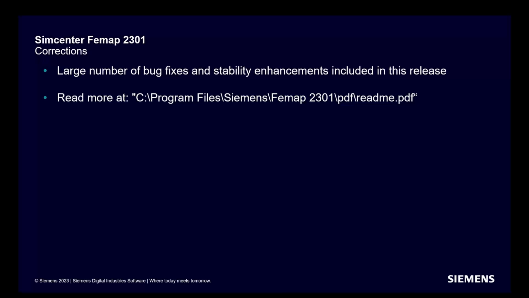So you'll probably notice fewer crashes, that type of thing. So it really seems like they've been working hard to improve the stability of the program too, which is, I think, something that we all appreciate, especially when you've been working on something for a few hours and have forgotten to save for a while and run into a crash or something like that. So that's why I always download the maintenance packs, because I'm trying to avoid situations like that. And I think this is kind of in line with one of those. There's a lot of stability updates for this.